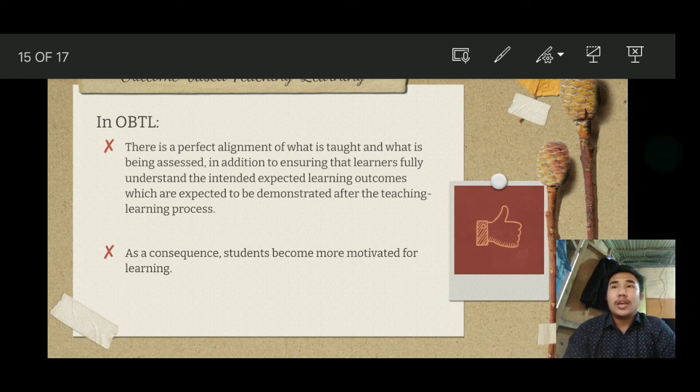Because it engages them to think more and gives them the freedom to create, to absorb the learning. And as a consequence, the students become more motivated for learning. So again, there are 10 assessment strategies that can increase motivation in assessment for students.